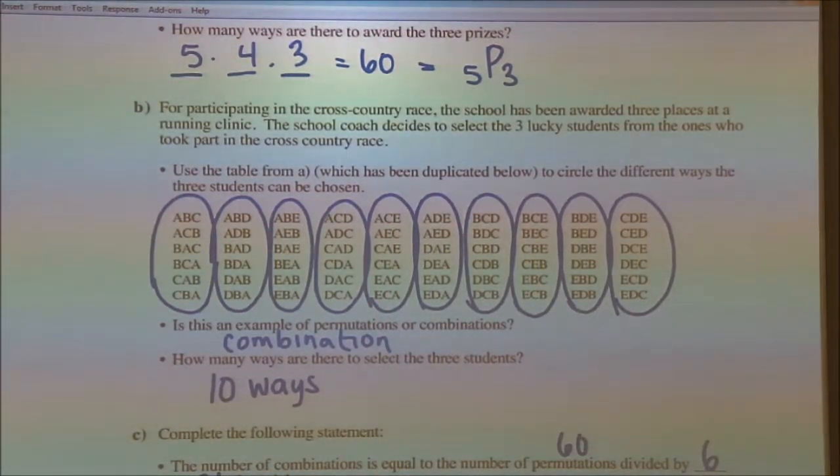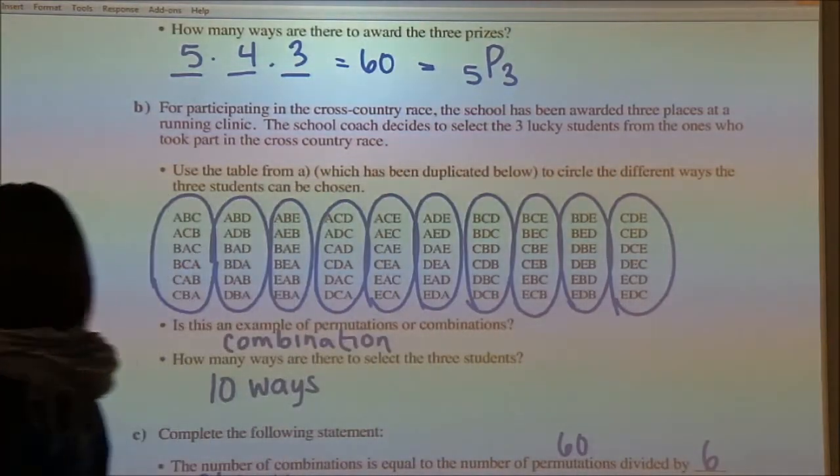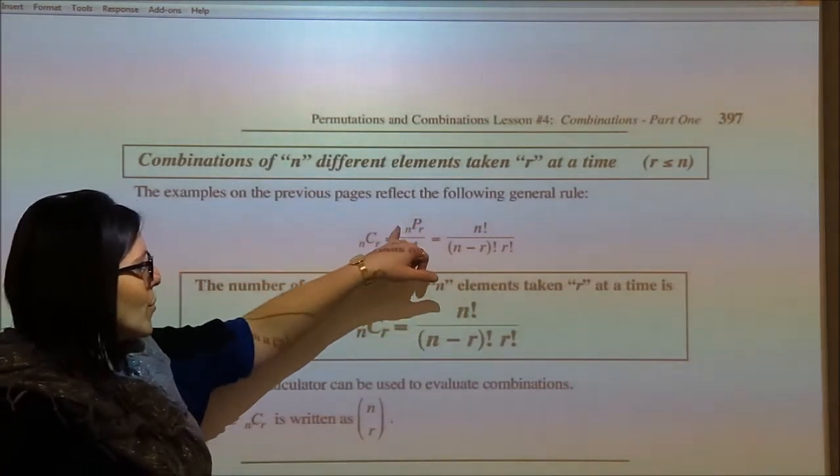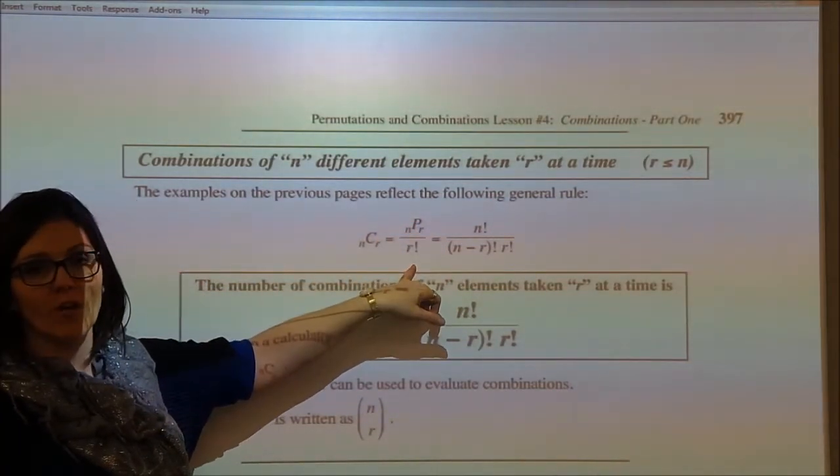And using the example, how could I come up with the 3 factorial? Well, there's 3 spots. Okay, good. So we do have a formula for combinations. That was taking the permutation and dividing it by r factorial.